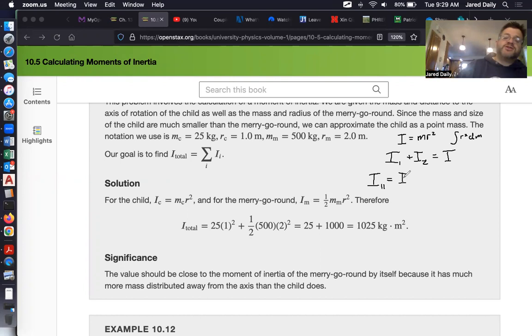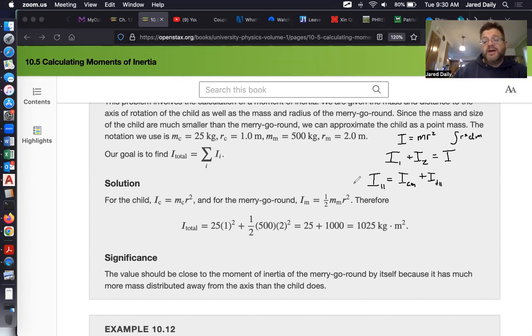If you have one thing that is rotating not only around a particular rotational axis, but also around its own center of mass, so it's off axis, then you can take the moment of inertia around the center of mass of that object and add it to the moment of inertia as if it's a point particle rotating around some distance d from the parallel axis, right?